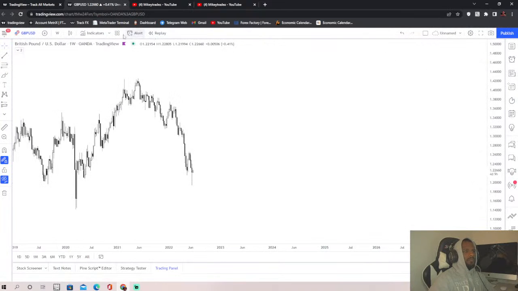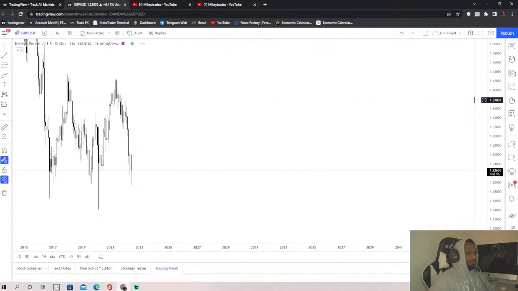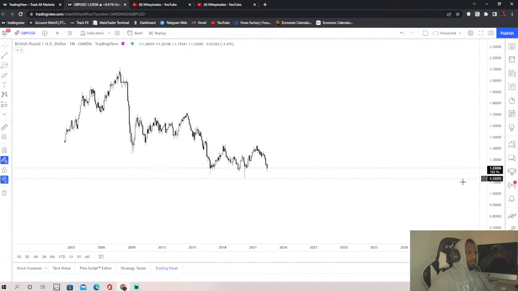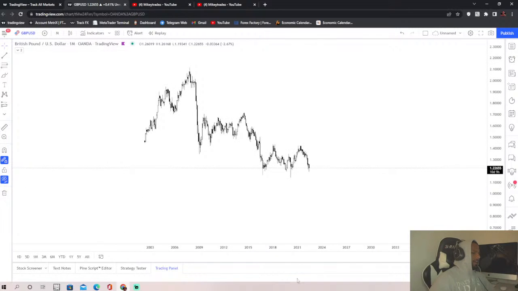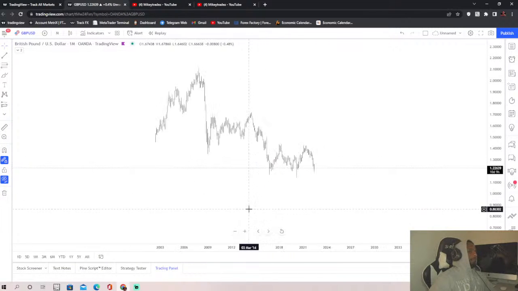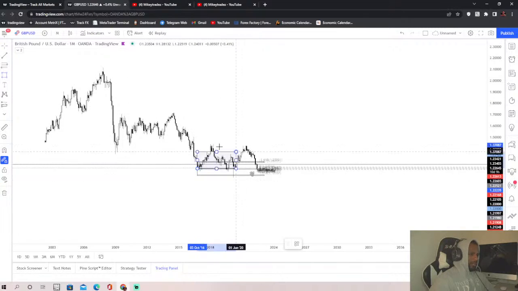But let's take a look at the pound, guys. So when we're actually looking at pound dollar, we can clearly see that on the monthly time frame we are in a very, very bearish condition, right? But as we can see here, guys, price is definitely creating a strong area of support in this range.